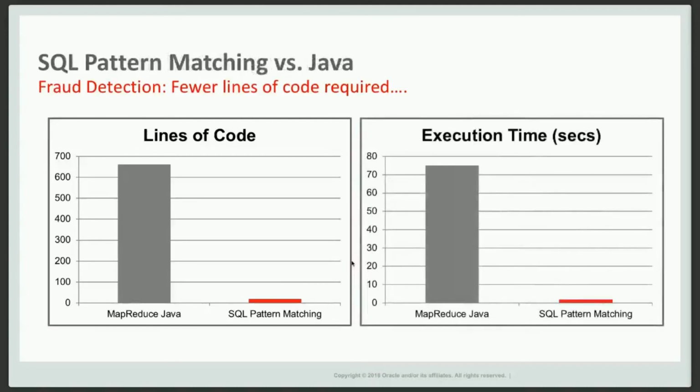But if you look at the execution time, if I want to do this in real time, it becomes possible to do real-time processing using SQL Pattern Matching. But if you've got to wait over a minute for that code to execute in Java, that's kind of a block to trying to do real-time processing.